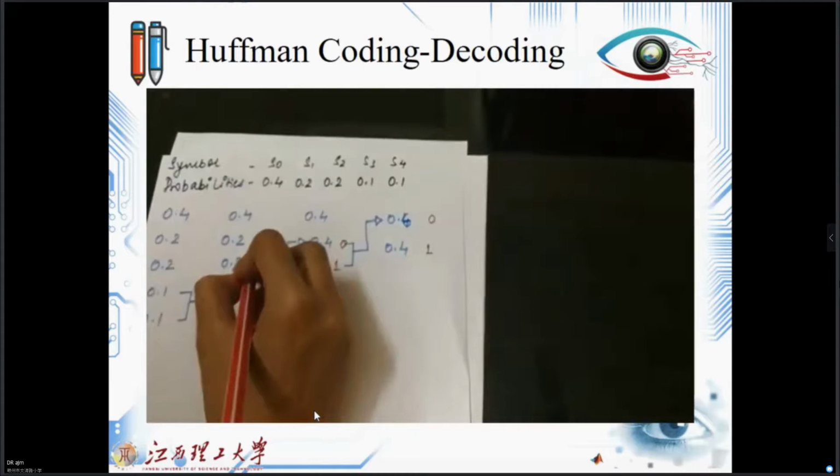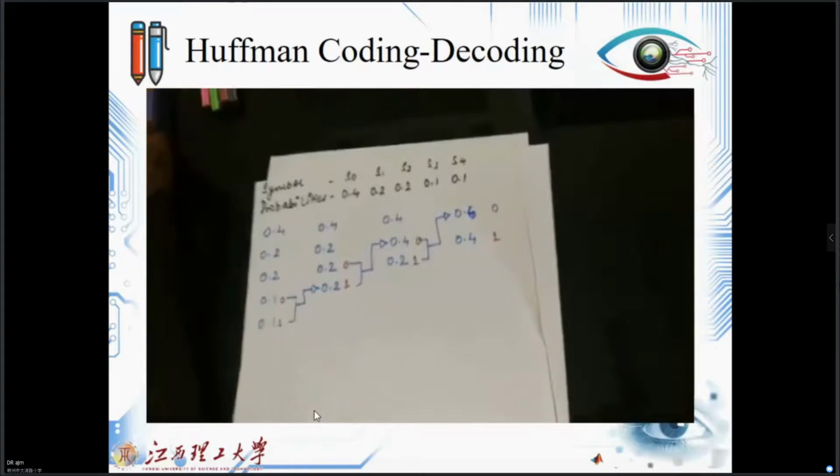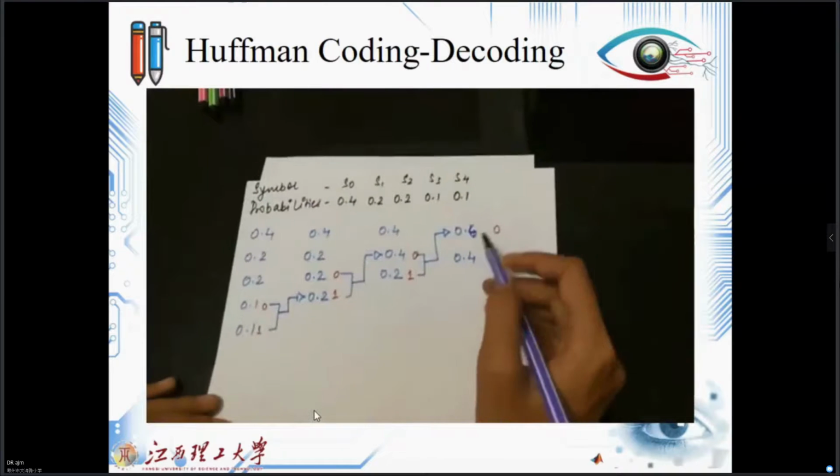First, see 0 and 1. We do it like this: 0, 1, 0, 1, 0, 1, 0, 1.